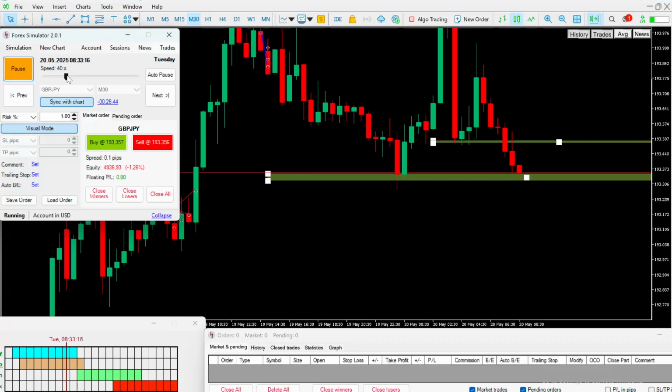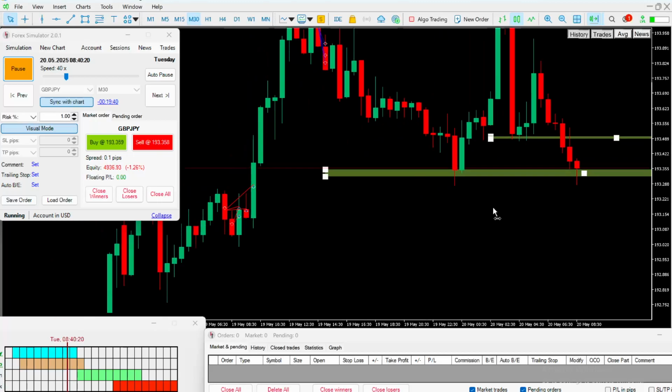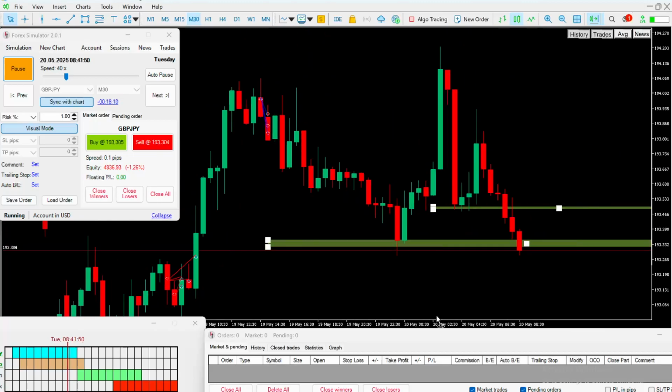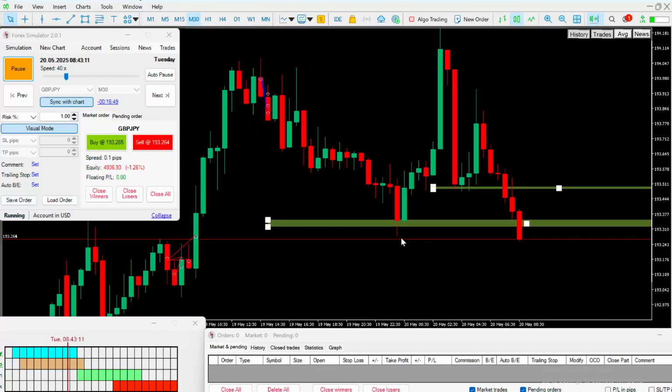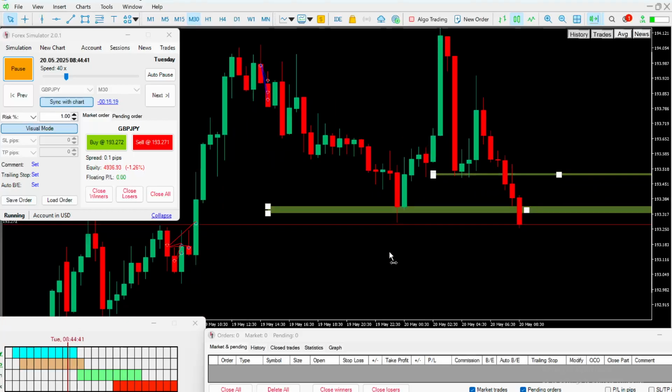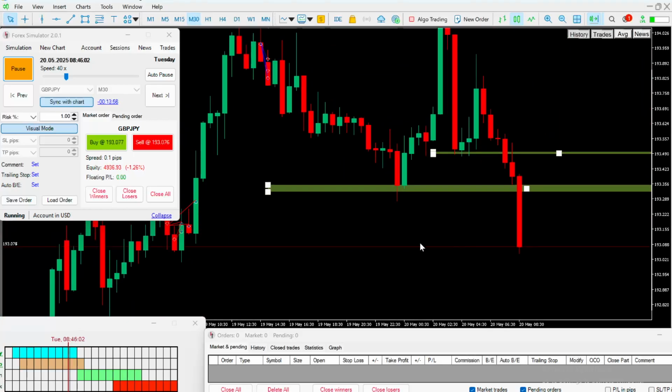So better print a bullish candle here. Or if not, then go down and go up, retest this resistance, support that became resistance, for a possible sell. Okay, it broke it, so we're still in bearish.